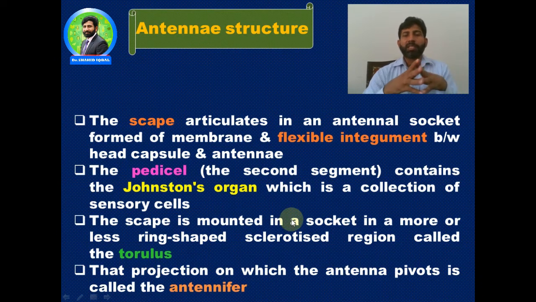The scape is mounted in a socket in a more or less ring-shaped sclerotized region called the torulus. The projection on which the antenna pivots is called the antennifer.